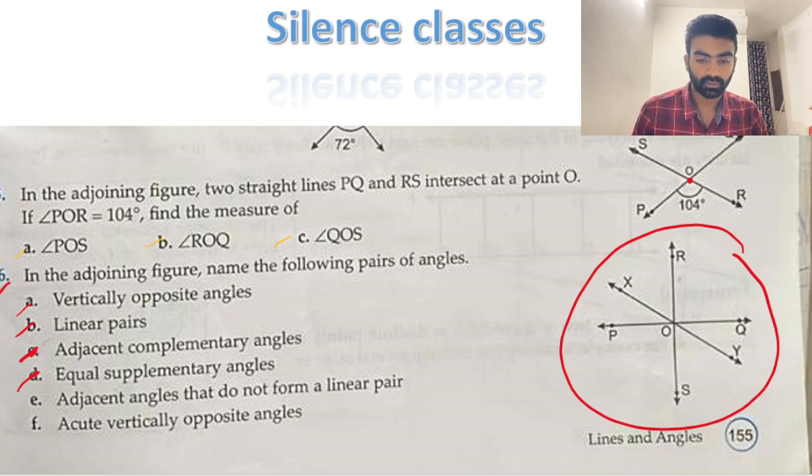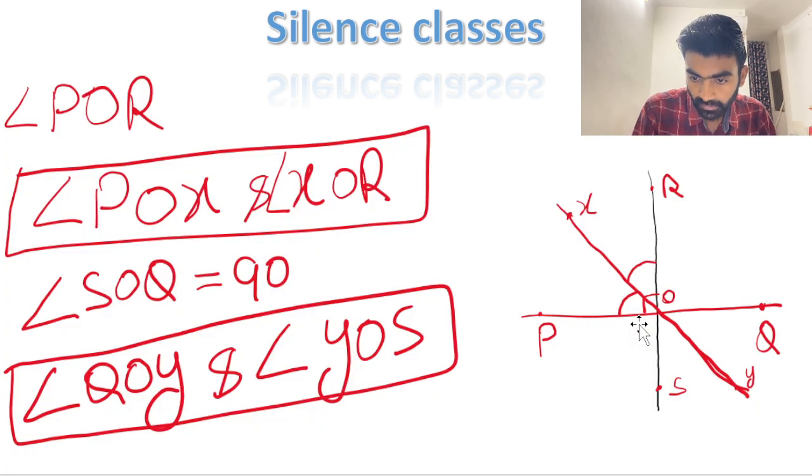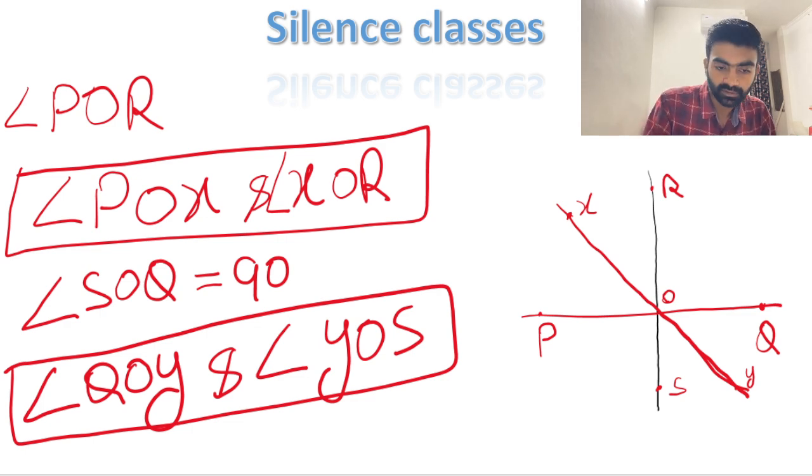If you check the angles of 90 degrees, angle POR and ROQ are 90 degrees each.